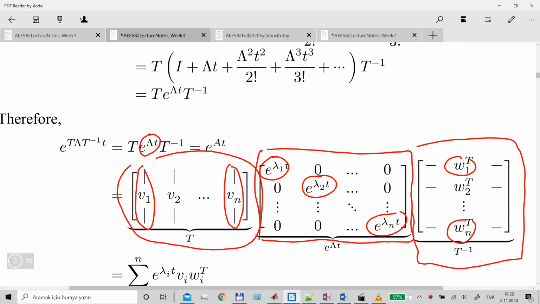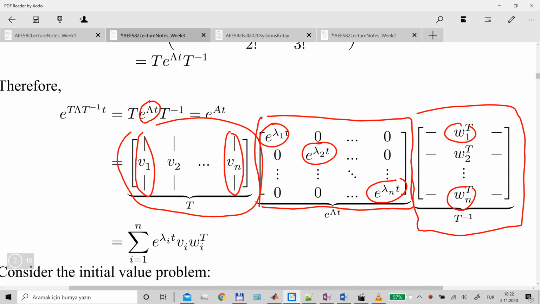Okay, so this allows us to write this triple matrix multiplication in the form of a summation, as you see here. This is because of the fact that the middle matrix is a diagonal matrix. So this can be written as the summation from i equals 1 to n of the scalar exponential e to the power lambda i t times vi, the corresponding eigenvector, times wi transpose, where wi transpose comes from the inverse of the transformation matrix.